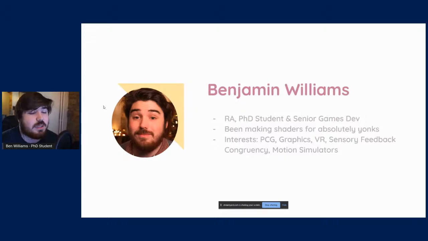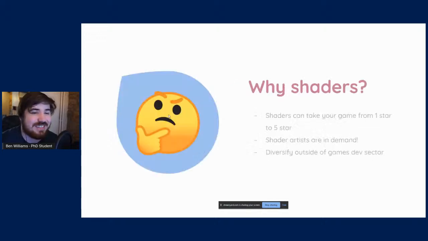But I really like making shaders, love computer graphics. My research interests, I really love PCG, so procedural content generation in games, computer graphics, kind of the topic of this talk, virtual reality, and my specific research interests for my PhD is sensory feedback congruency and motion simulation. I really love all of these topics, but it's just to give you an idea of who I am and where I fit in the university, I guess.